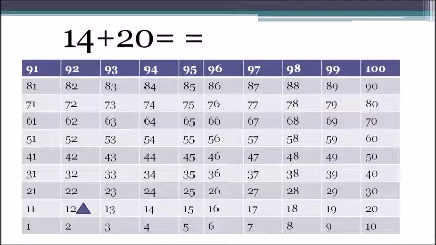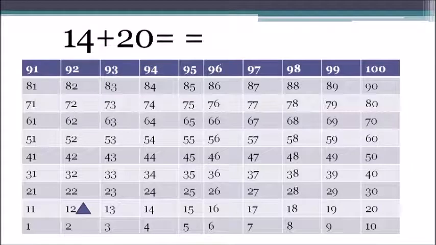When you add 10 plus 10, it will reach 20. So first reach 14. Then we know in 20 there are two tens. So how many steps do we have to take up? We have to take two steps up. Then we will reach 34. So your answer will be 34.